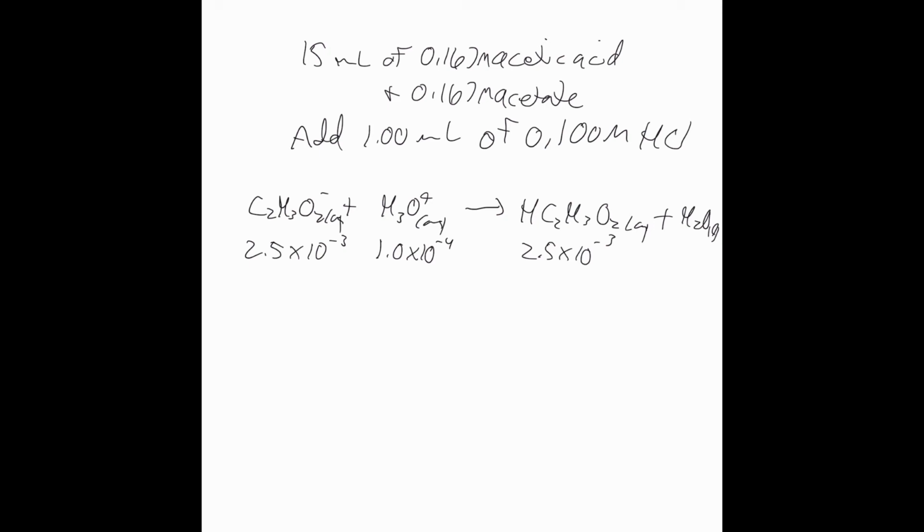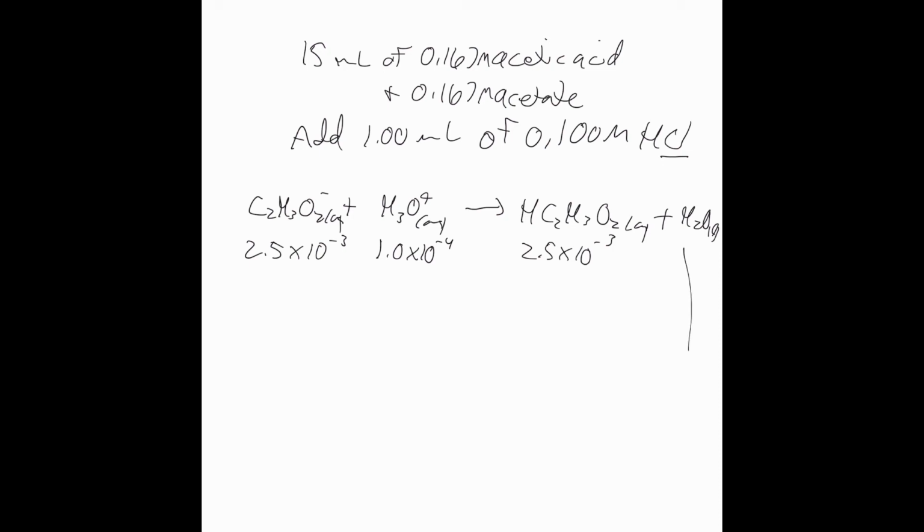The strong acid is going to react with the weak base. So we're going to set our reaction up as acetate plus our strong acid dissociated. Remember, we're going to ignore the Cl minus, it's a spectator. So it's H3O plus, going with an arrow, giving us acetic acid and water, which we don't care about.